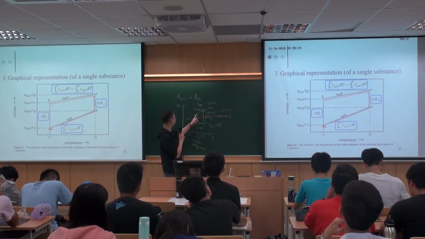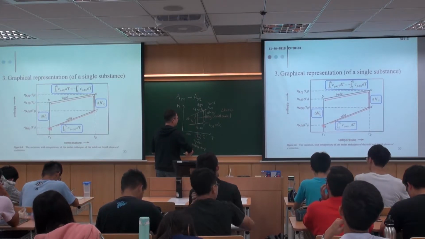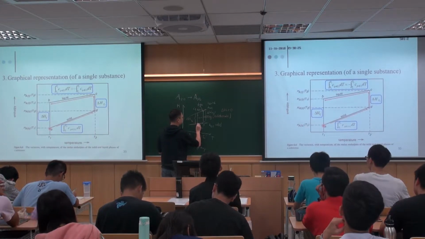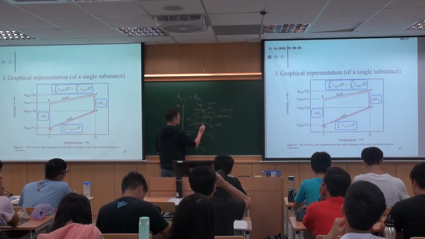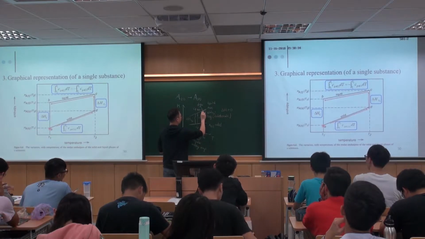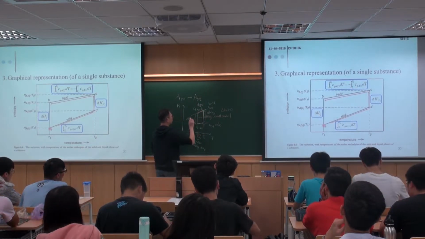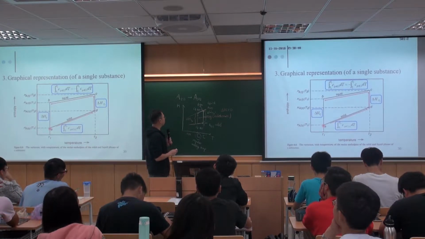It's from here to here. Then, based on math, we know that if we add the process from here to Tm prime, or the T2 on that plot, and then this one, and then come back here, we will get the same thing, right?